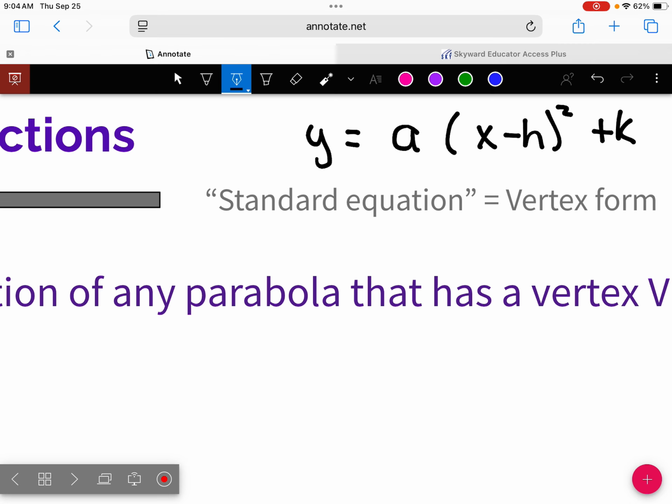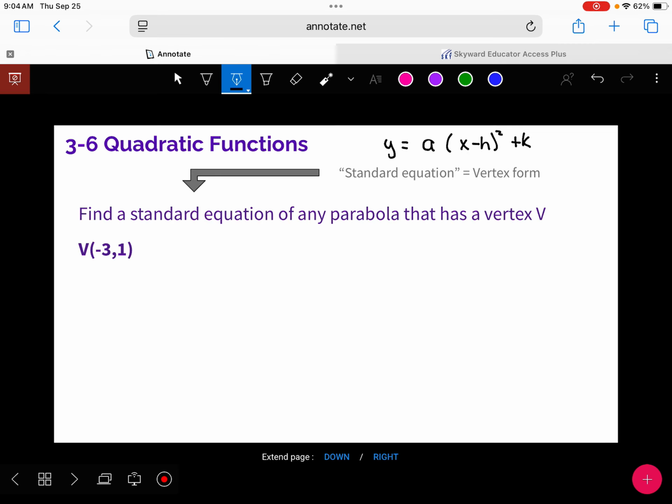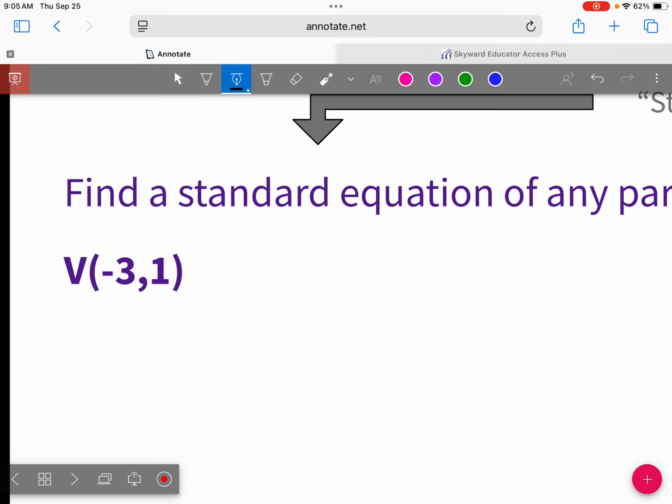So when we have something like this, we're given our vertex at -3, 1, and we want to fill in what we can for this formula. So what pieces do we know? H and K, because our vertex is always at the point h comma k.